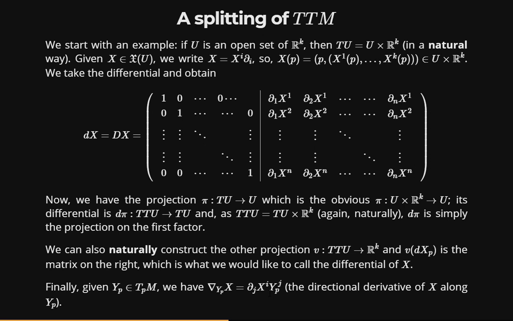Okay, it's vertical with the tangent. You take the tangent to this thing. Inside of this, you have again this factor and another factor u. You can project on the first factor and you obtain the identity. Projecting on the second factor, you obtain an element of the tangent bundle of u.